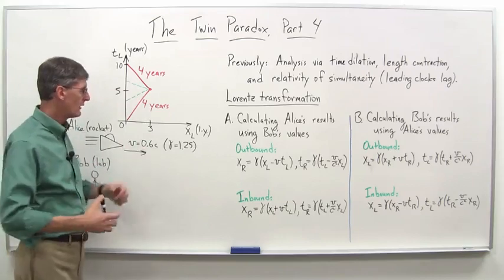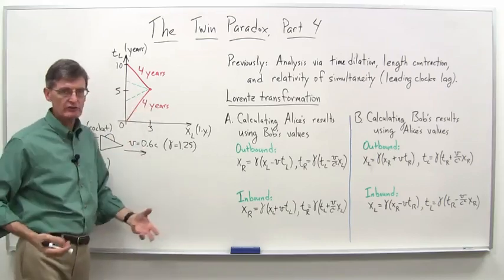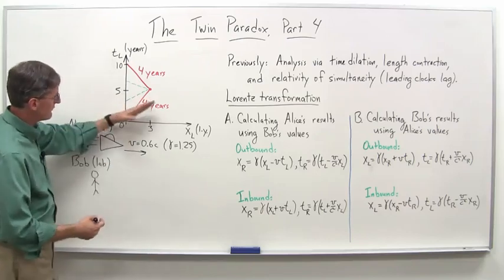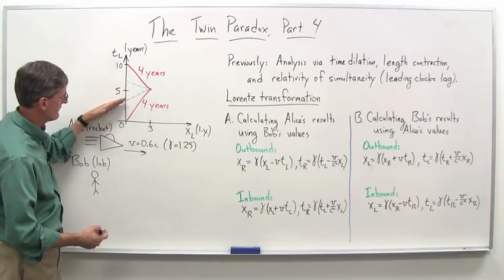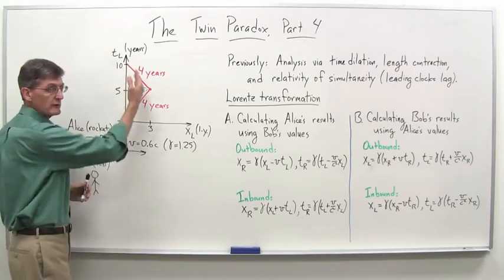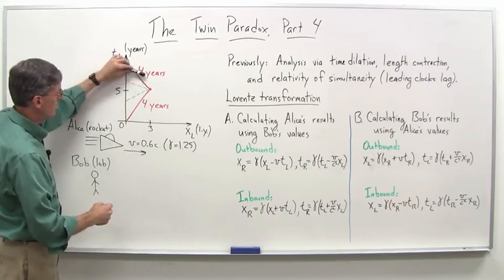And remember, the key was that when we analyze the turnaround here, essentially Alice is changing frames of reference. And so her lines of simultaneity were parallel to the green dashed line that slopes down like this. And when she changes frames of reference, then her lines of simultaneity are parallel this way.